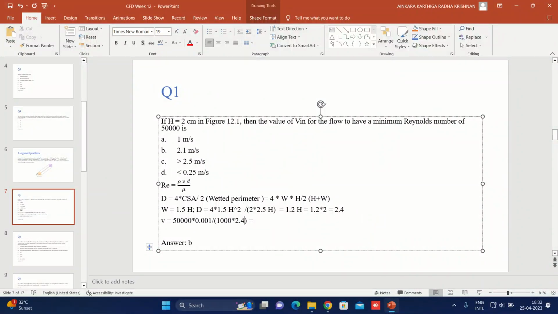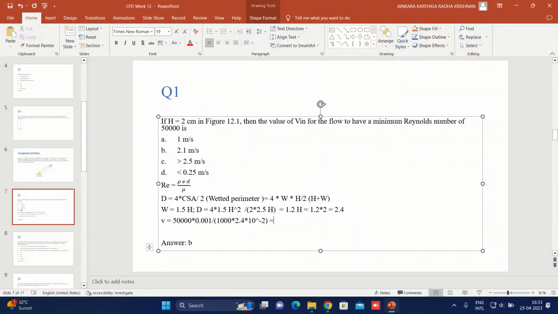50,000 into 0.001 divided by 2.4. Okay, again here it is in centimeter, so we should convert it into meters. So 10 power minus 2 would come.